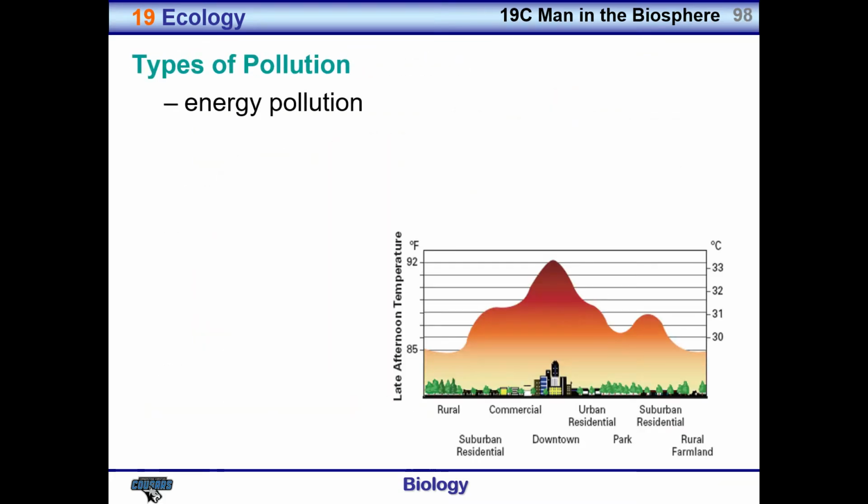And then another kind of pollution that a lot of people don't really think about is called energy pollution, sometimes referred to as the urban heat island effect. Even in Omaha, we have that, where you've probably noticed that the city, like downtown, is actually much warmer than it is out in the outlying areas.